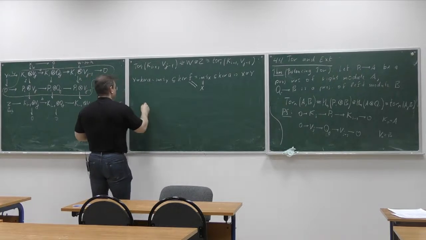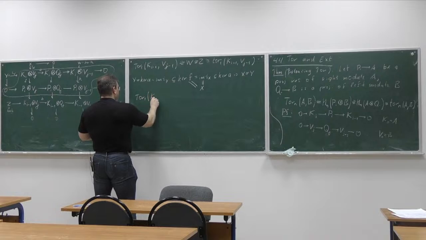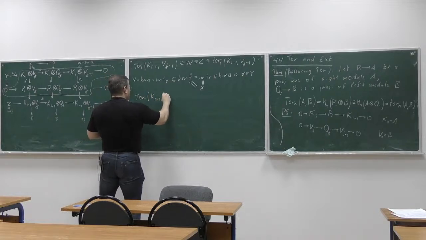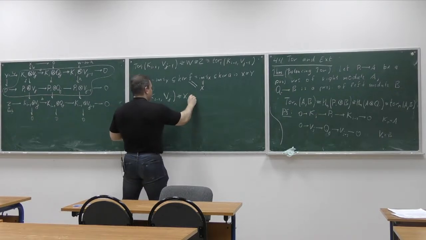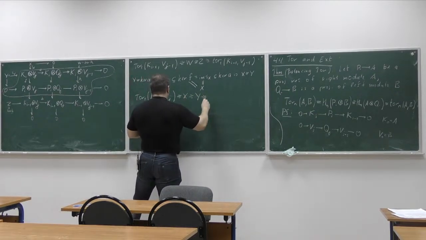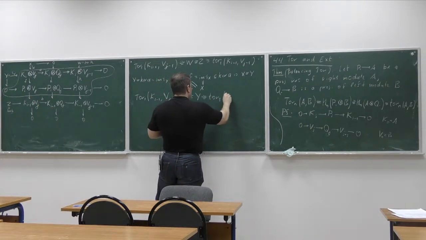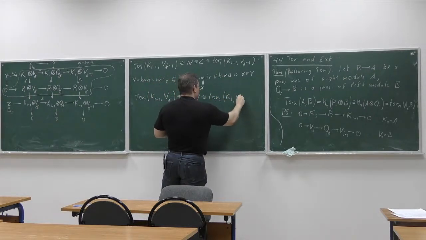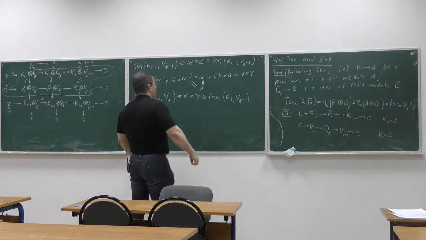But what's X? This is Tor 1 between K i minus 1 and V with the index j, isomorphic to X. This is isomorphic to Y, and Y is isomorphic to the little Tor of K i, V j minus 1 by the same reasoning as before.